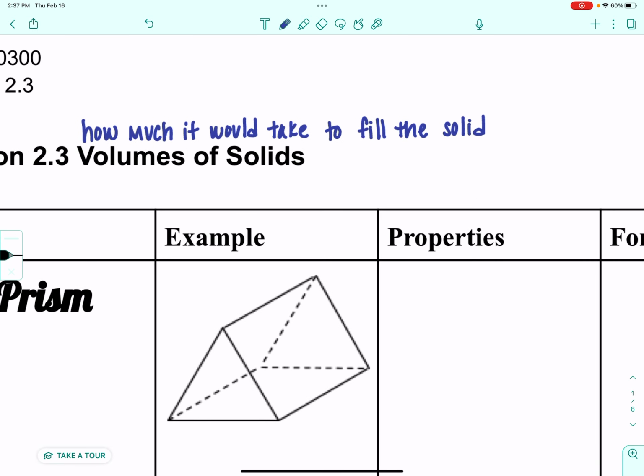And it could be anything that we want to fill it up with. You could fill it with sand, you could fill it with water, you could fill it with Valentine's candy. We want to know how much it would take to fill these things up.